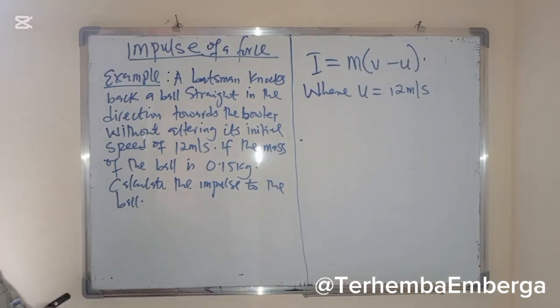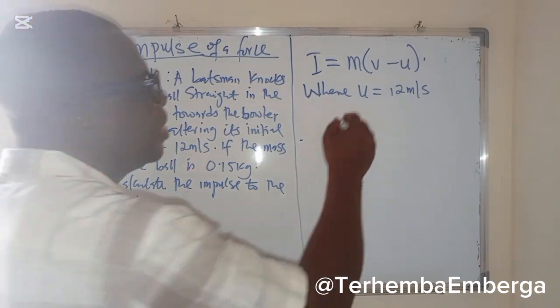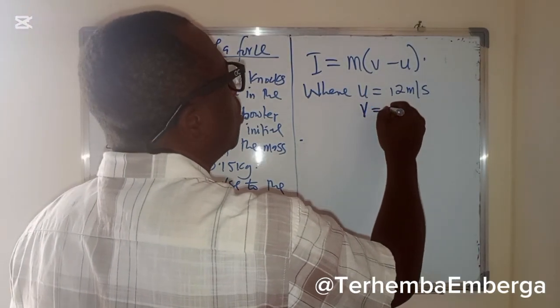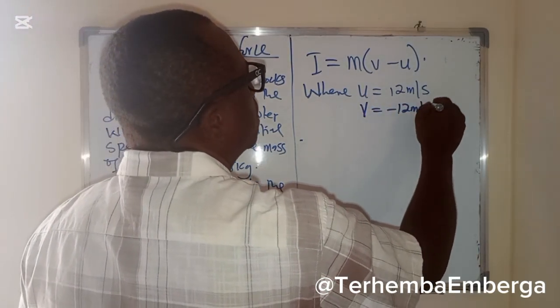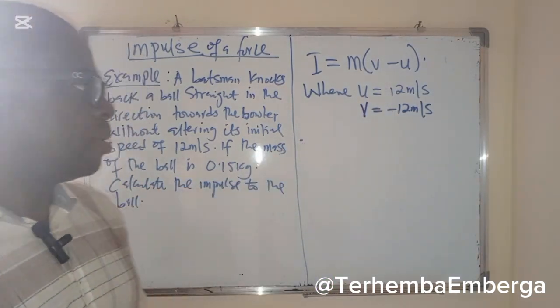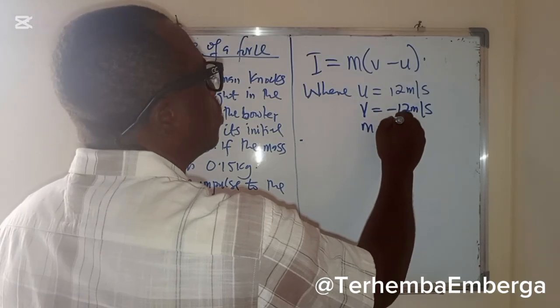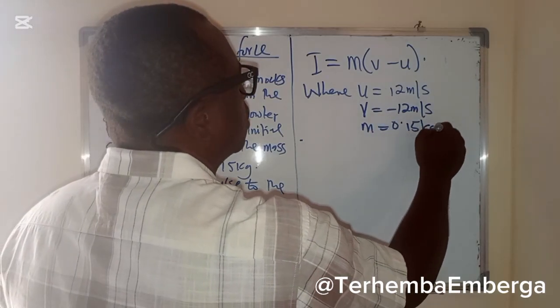If the ball is coming, hitting it makes it go in the opposite direction. So in that case, v will now be minus 12 meters per second because the speed is not altered. Mass is equal to 0.15 kg.